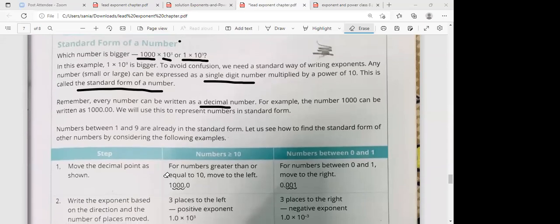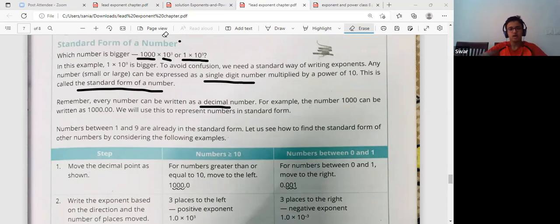Standard form of a number, and after this, these two things. Ma'am, I have given the heading.